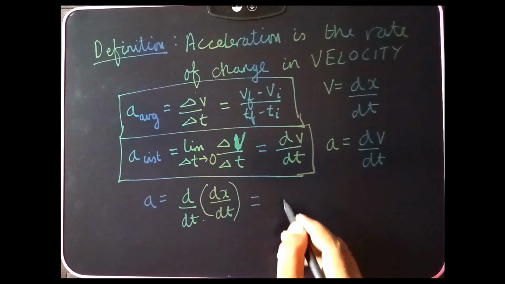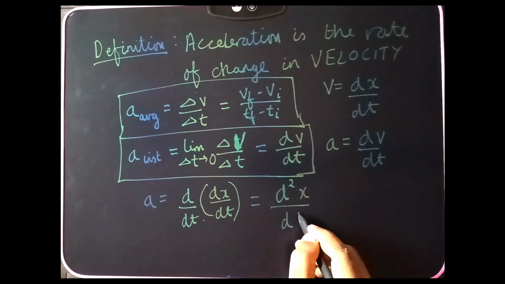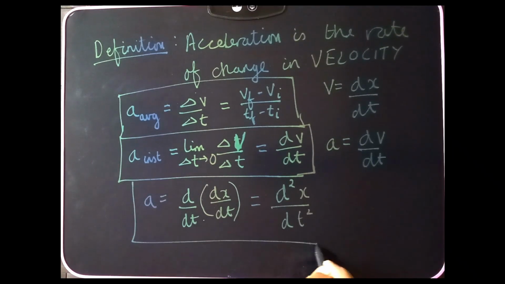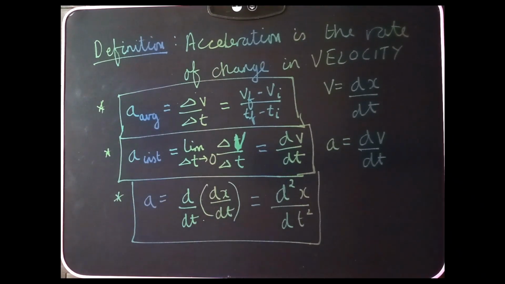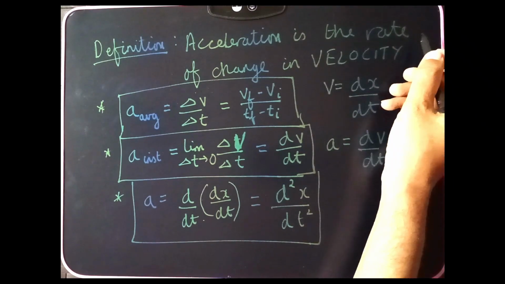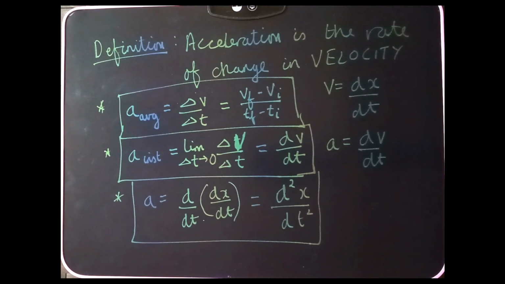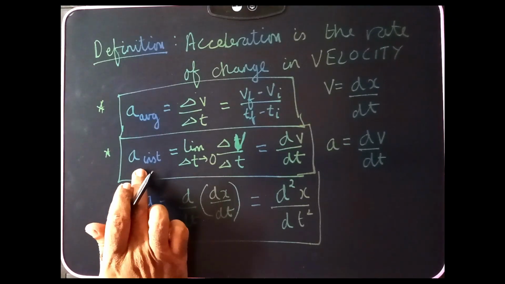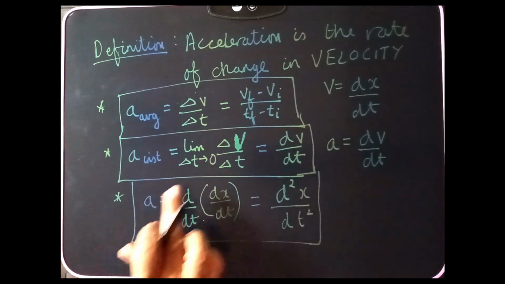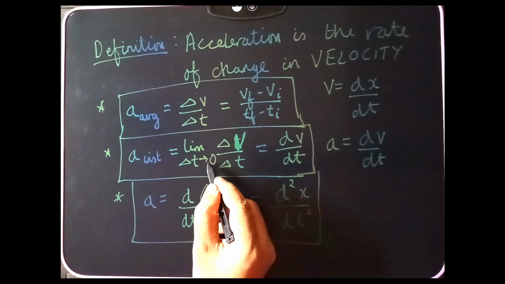So hence we can write acceleration is a double derivative of displacement with respect to time. Hope till here this is clear. Acceleration is the rate of change in velocity, and these are the three equations which you need to remember. We know average acceleration, change in velocity, final and initial. Instantaneous acceleration is at that particular instant, when the time period is shrunk such that it tends very close to 0.